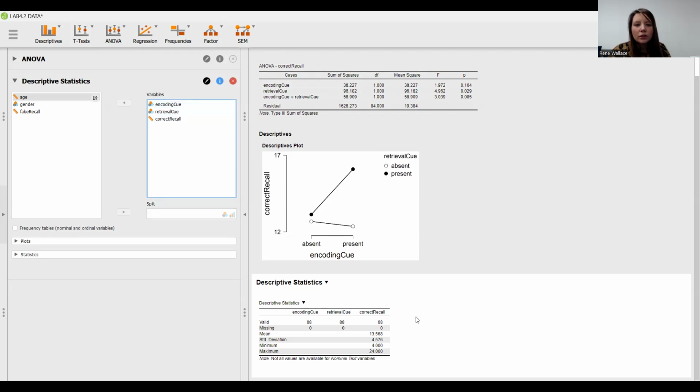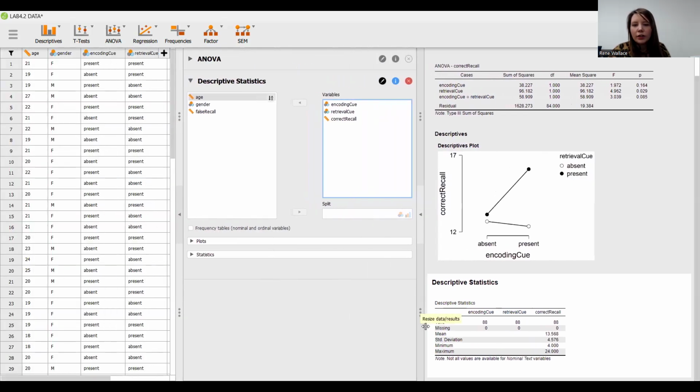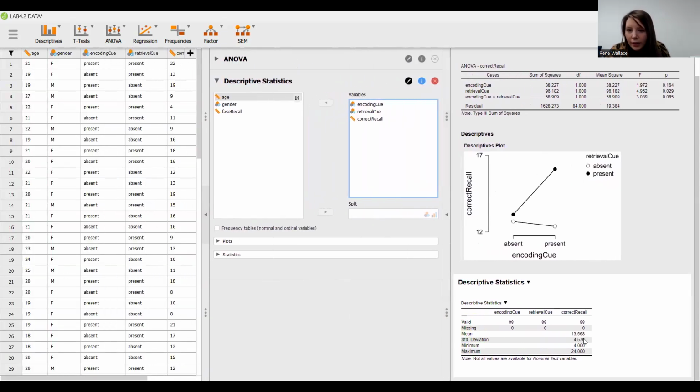Please hold. And my screen share is in the way, so I can't see down here. Okay. Correct recall. Not what I want.